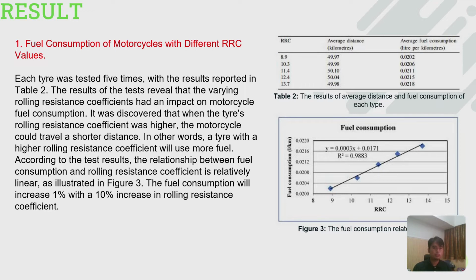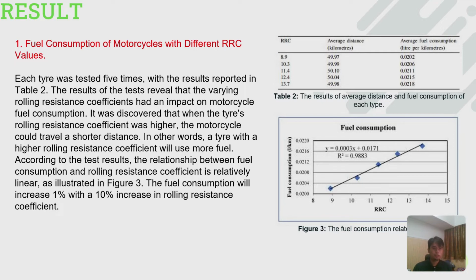The results of the test revealed that the varying rolling resistance coefficients RRC had an impact on motorcycle fuel consumption. It was discovered that when the tire's rolling resistance coefficient was higher, the motorcycle could travel a shorter distance. In other words, a tire with a higher rolling resistance coefficient will use more fuel.